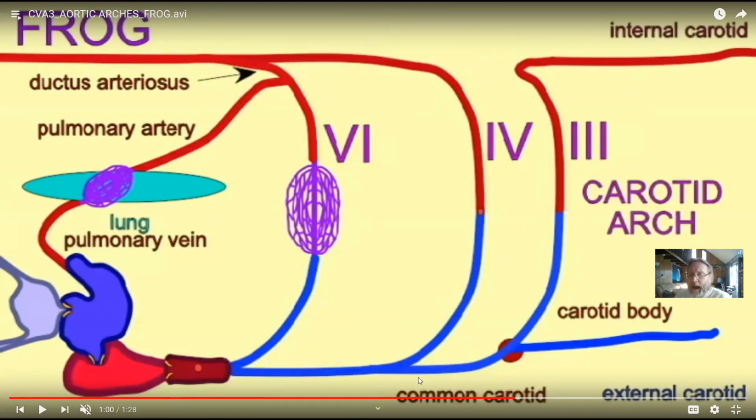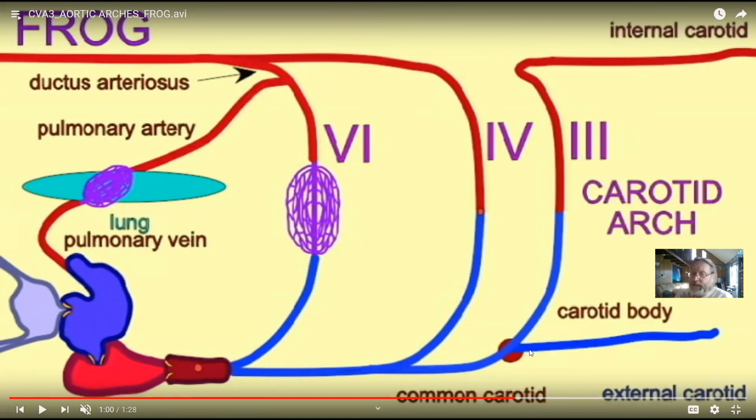And so we have, going from the heart, there is still the aortic arches going here, and the external carotid will come. Interestingly, there's this little body here called a carotid body, and here there are some sensors which help detect blood pressure and the oxygenation of the blood.